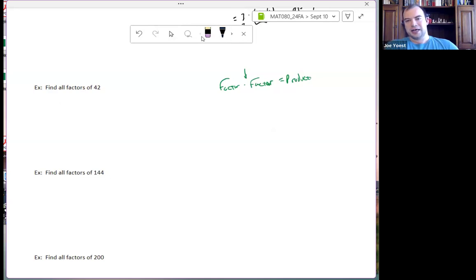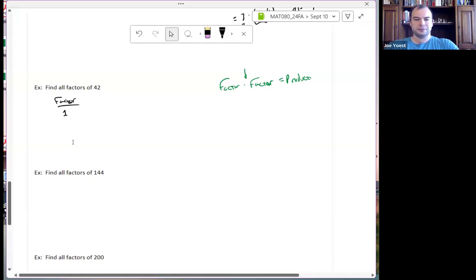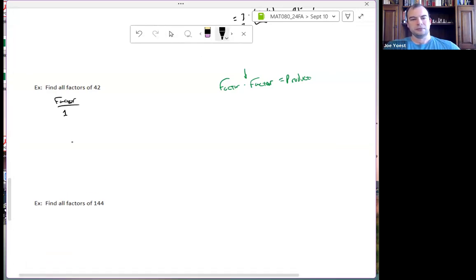So let me start out with what's my first possible factor? Well, 1, it's the first counting number. So these are candidate factors. Is there something I can multiply by to get 42? OneNote just loves making my 4s into 9s.